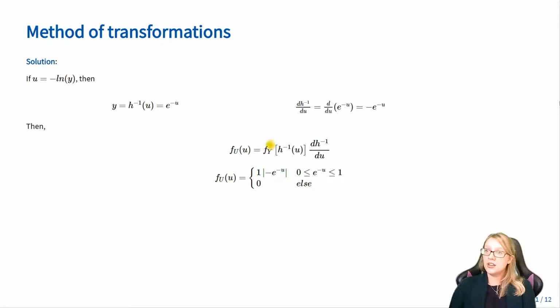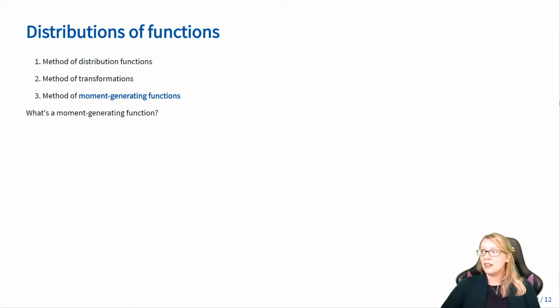Our PDF is just 1 because we have a uniform density, times the absolute value of the derivative of the inverse. We'll need to transform the bounds as well. This should look like a distribution that we recognize. This, in fact, is an exponential distribution with mean 1.